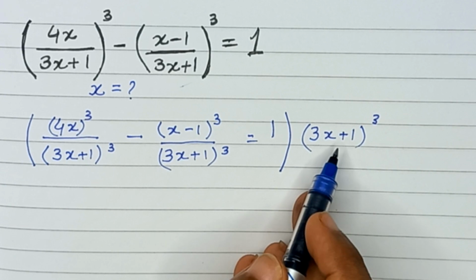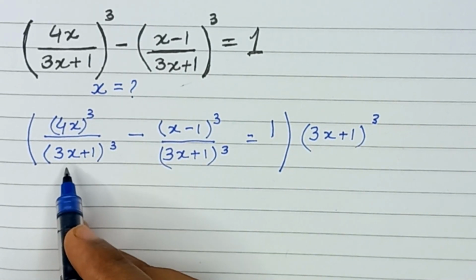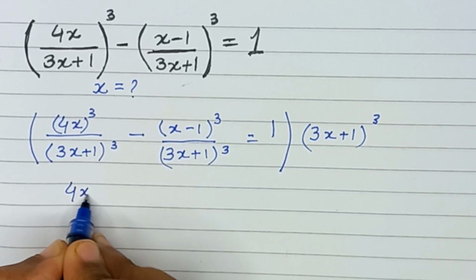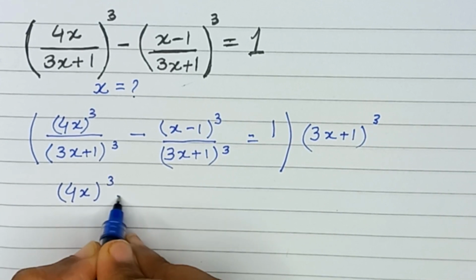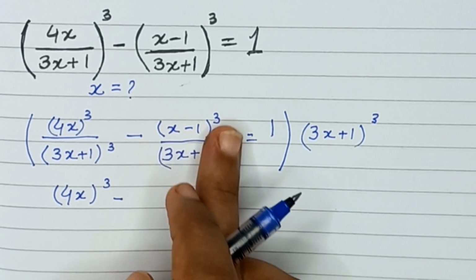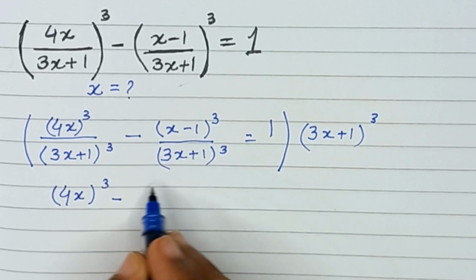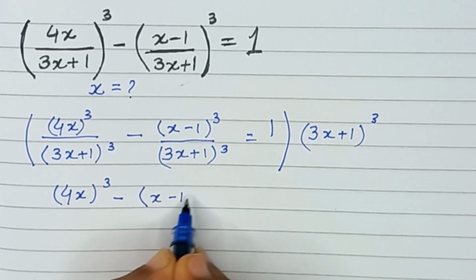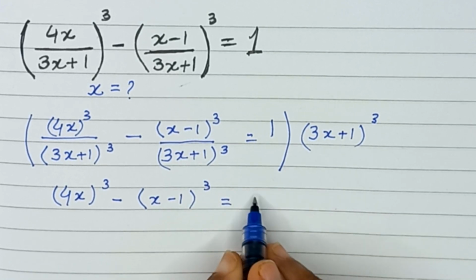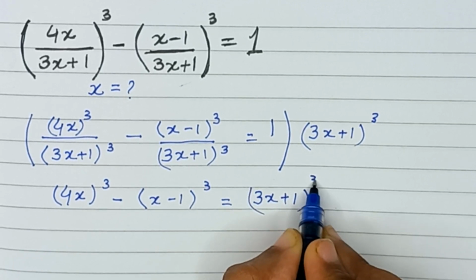So this multiplied by this will be equal to (3x+1)³, and (3x+1)³ will be cancelled out and it will remain 4x³ minus, when (3x+1)³ multiplies with (x−1)³ divided by (3x+1)³, this and this will be cancelled out and we have remaining (x−1)³. And when it multiplies with 1, it will become (3x+1)³.